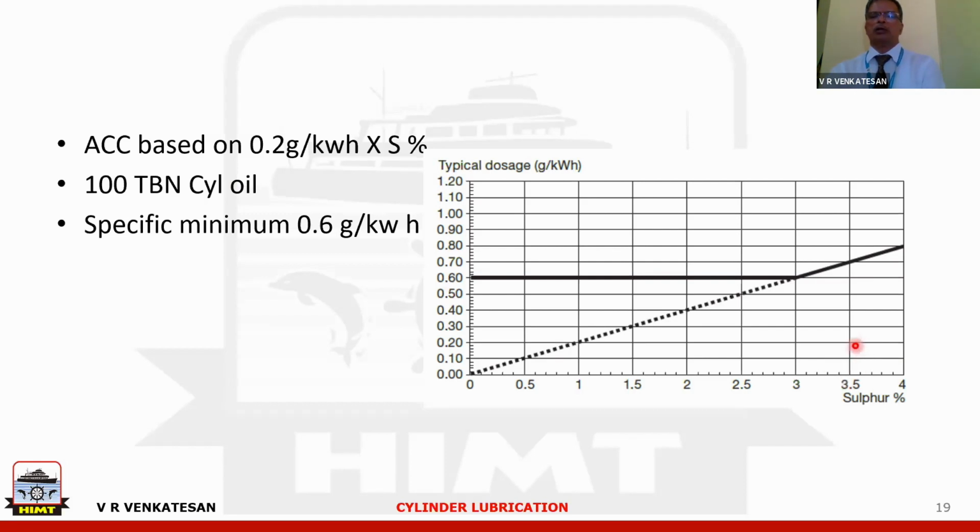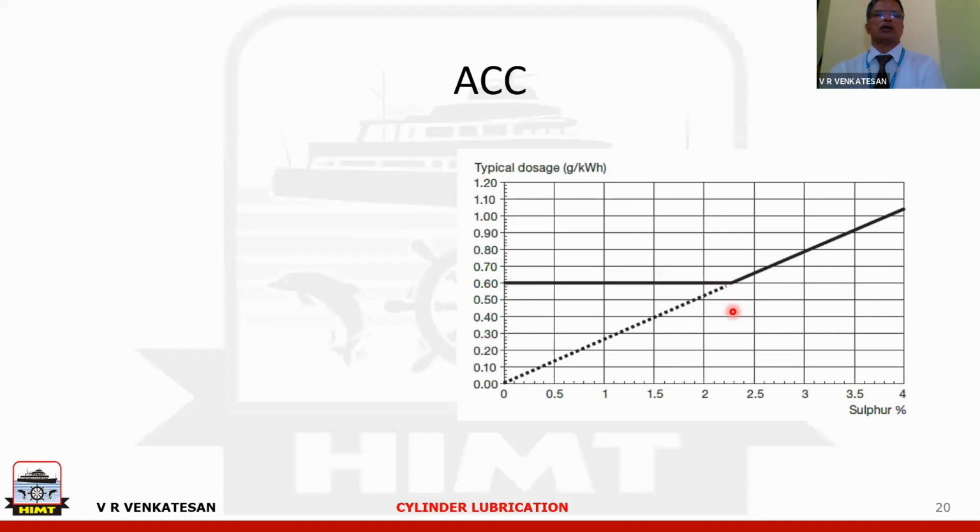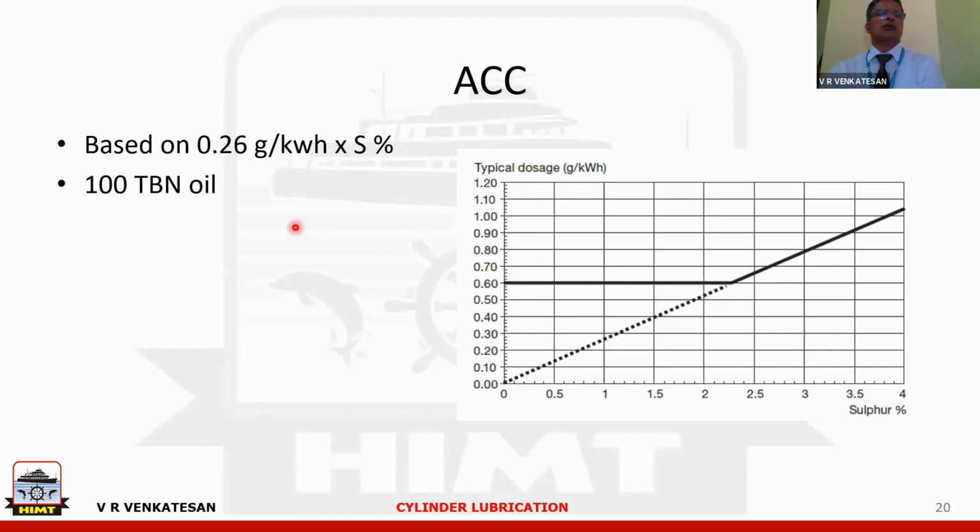Once again, we'll repeat. There are vessels which will be fitted with scrubber and they may be operating on higher sulfur fuels within the limits, whatever is allowed. So with that, this will be the committed value. Now, based on 0.26 gram per kilowatt hour, this will be the value.